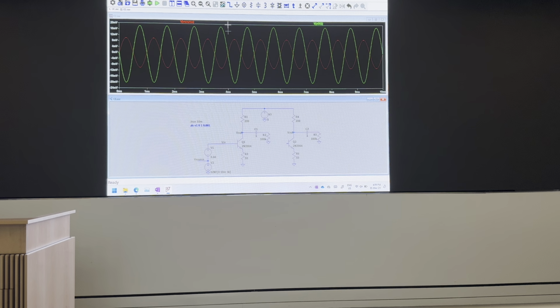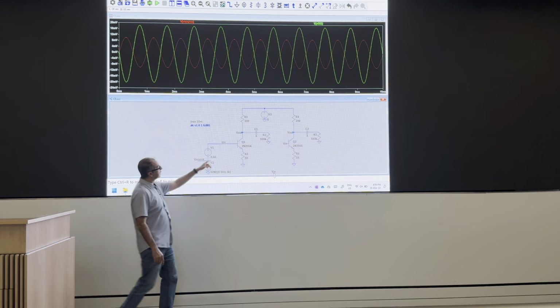In LTspice, if you label a node and use the same label somewhere else, those two are shorted. So if I say this is VN, it's as if I draw a line between them. I connect them by a line, right? And then I have to change this node name from V out to something else because now they're shorted.